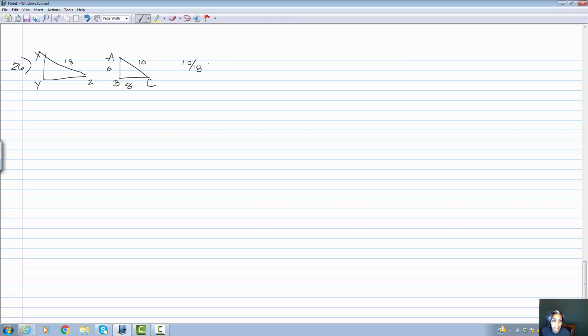So it's 10 to 18, which reduces to 5 to 9. But because the area of a triangle is two-dimensional, a function of base and height, we have to make this two-dimensional. So we multiply it again, and we get 25 over 81.